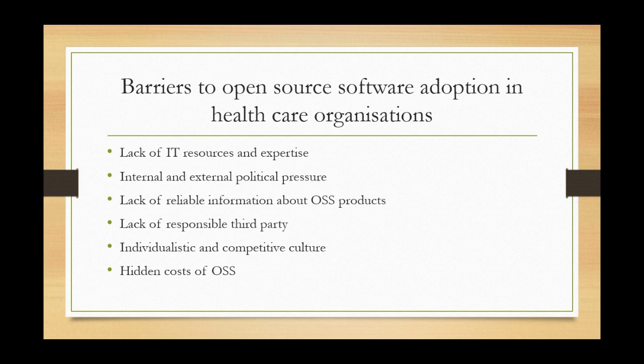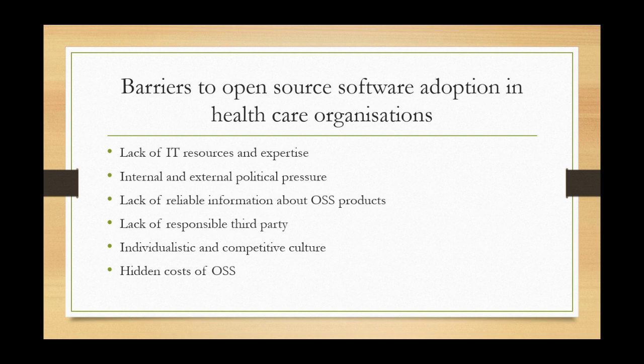And some other expertise that is needed are expertise on analysis and evaluation of costs and benefits that relate to open source software. Another expertise needed is in ensuring the support and maintenance of a product once it is implemented. All this expertise is given to health information system specialists.